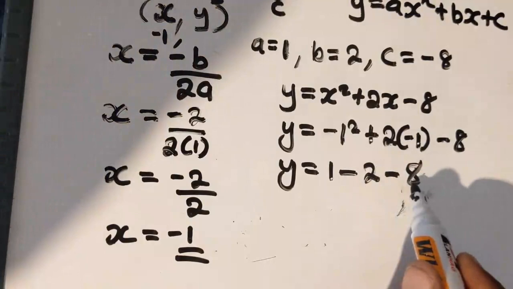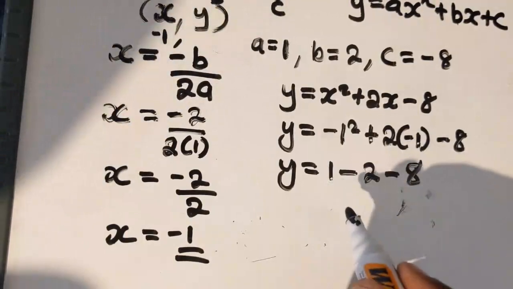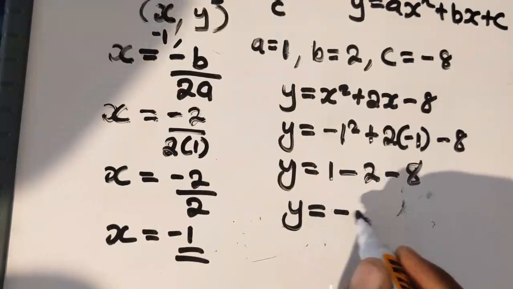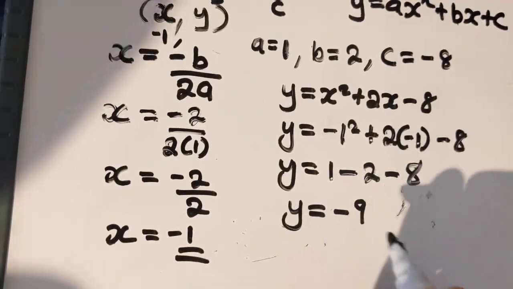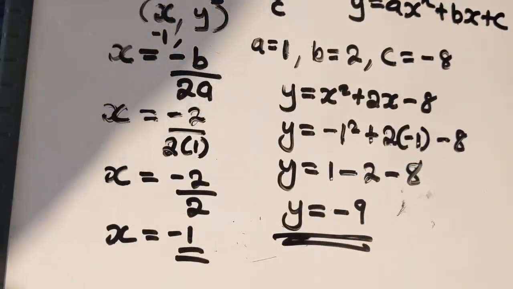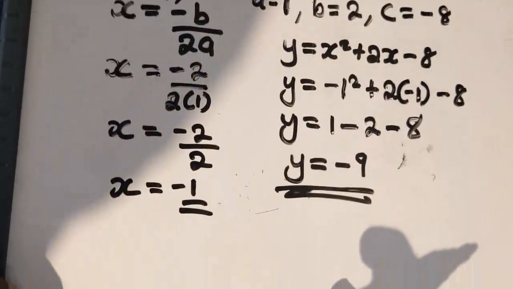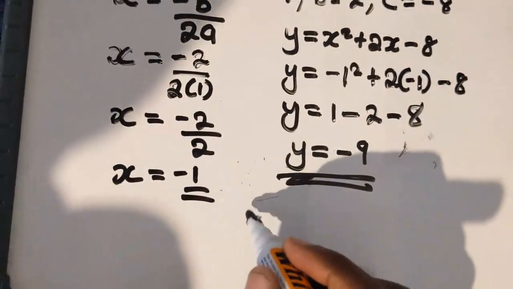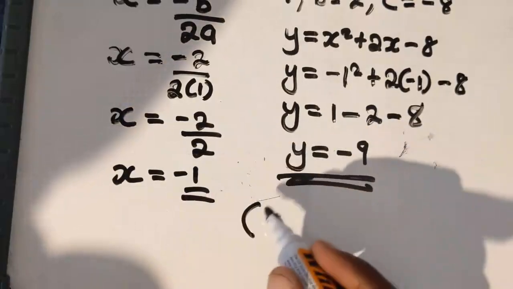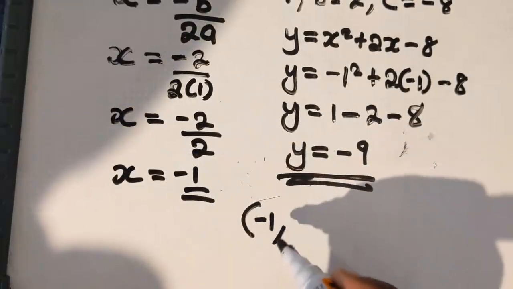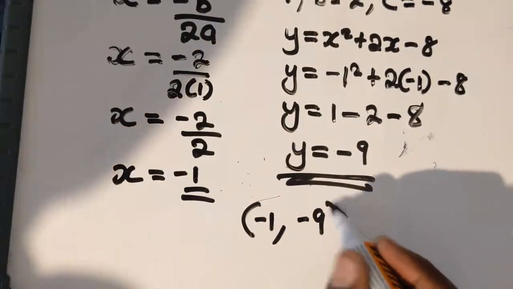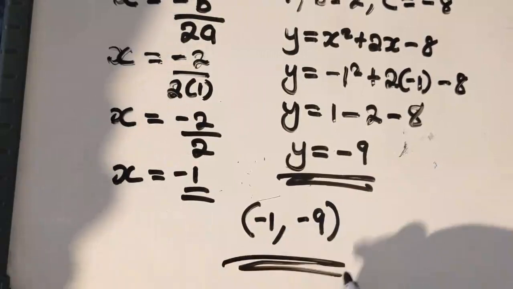Then negative 1 minus 8 is negative 9. So y is negative 9. That is how you find the coordinates of the turning point. The coordinates of the turning point, x and y, are x is negative 1, comma, y is negative 9.